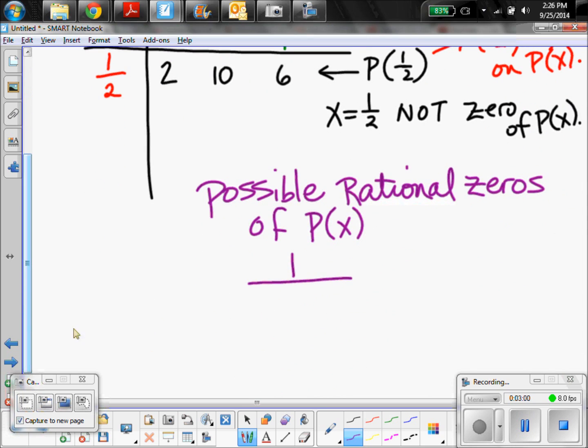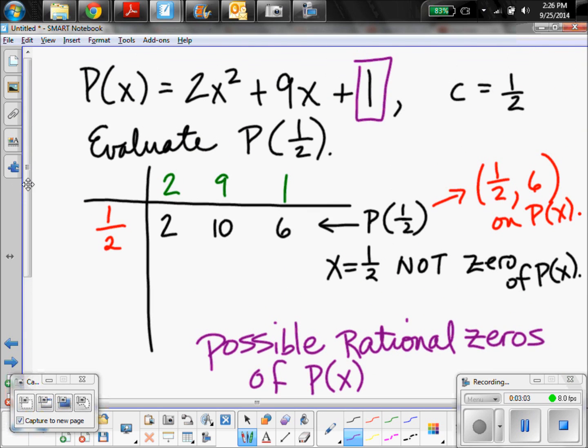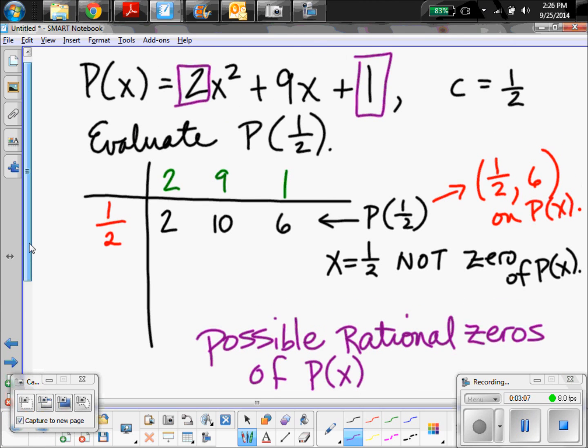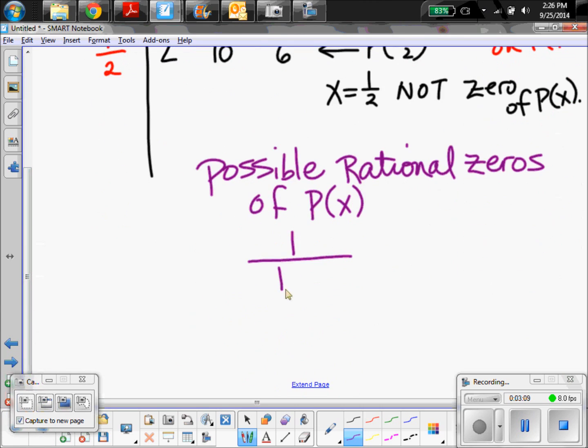And then the denominator will be factors of your leading coefficient. Okay, that's a 2. The factors of 2 are 1 and 2. And then all positive and negative values of those. So what kind of combinations do we have? We've got 1. We've got 1/2. That's it, positive and negative.